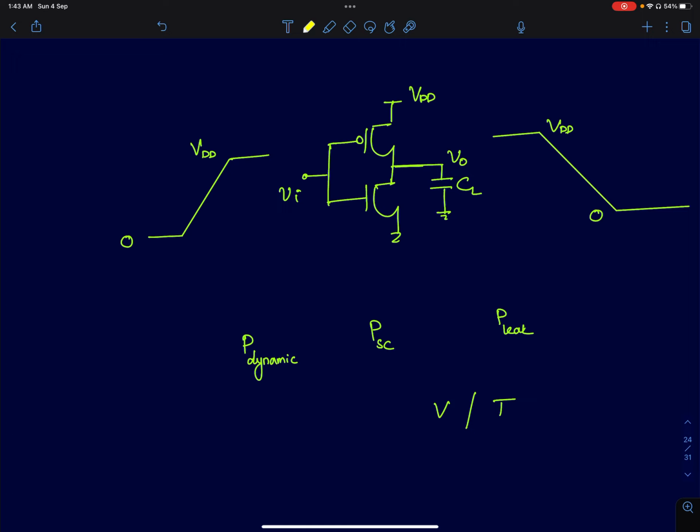One is what we call the dynamic power dissipation. I'll explain the definitions in a few moments. The second one is the short circuit power dissipation. The third one is the leakage power dissipation. We will see how these three different sources of power dissipation change with load capacitance, frequency of the input clock, and even the supply and temperature variations.